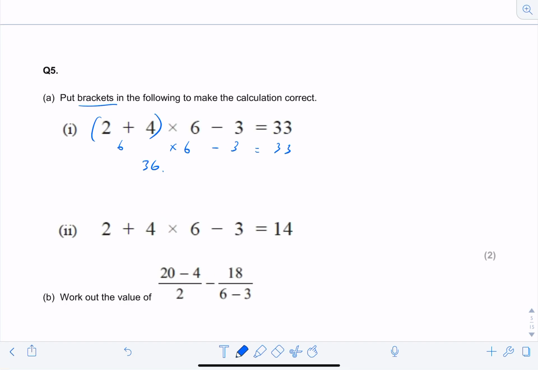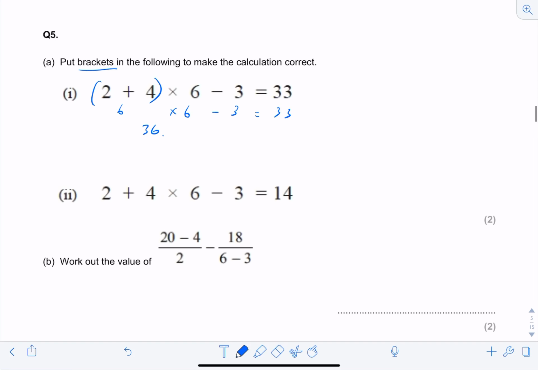So it's definitely going to be something to do with the pluses or the minuses. Okay, so here we've got 2 plus 4 times 6 minus 3 equals 14. So I know that 2 times 7 is 14.